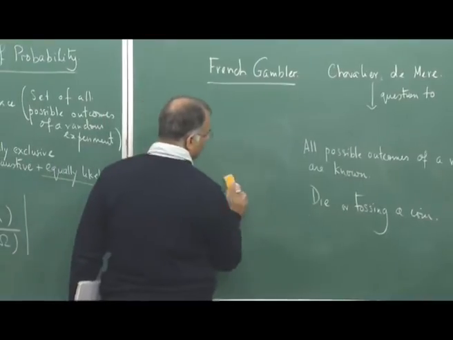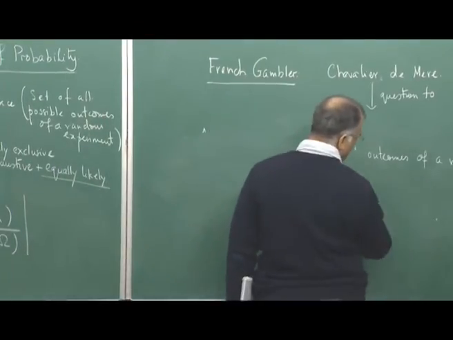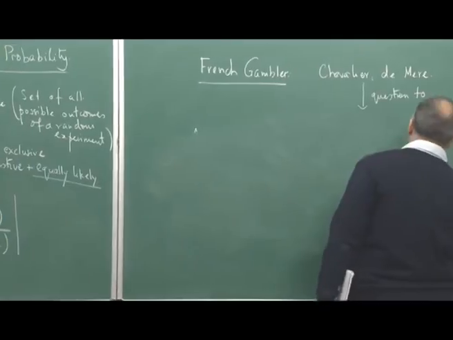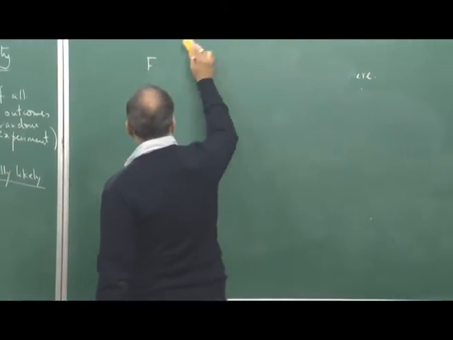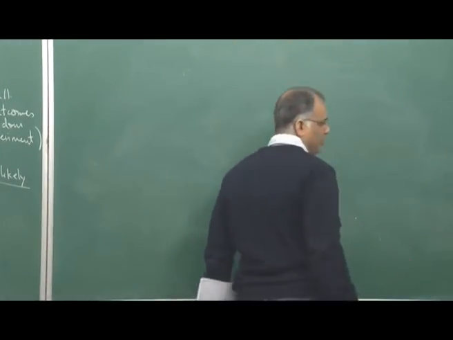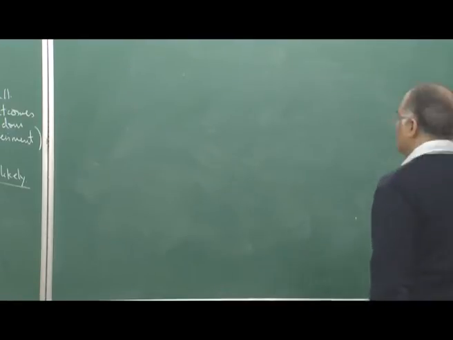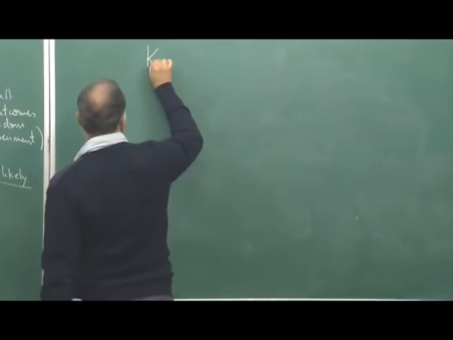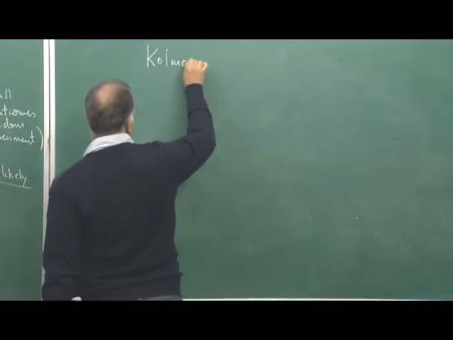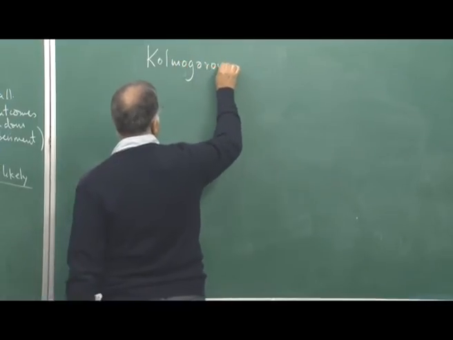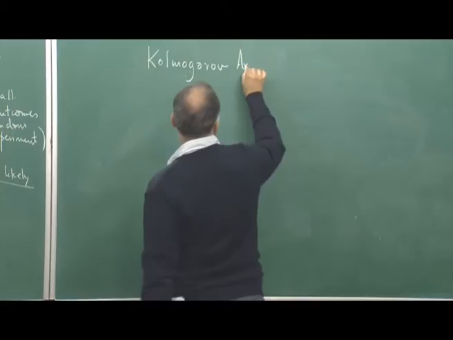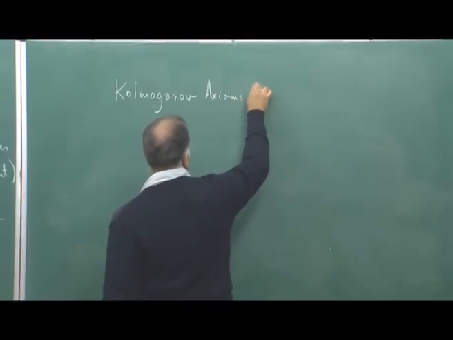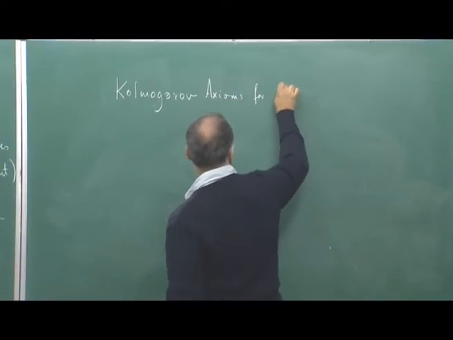Kolmogorov being one of the greatest Russian mathematicians of all times, or rather one of the greatest mathematicians ever in this world. So, let us write down the Kolmogorov axioms for probability.